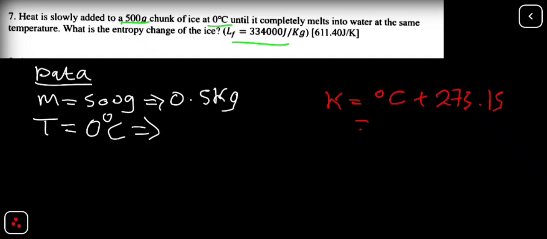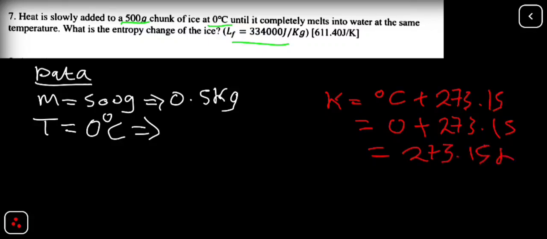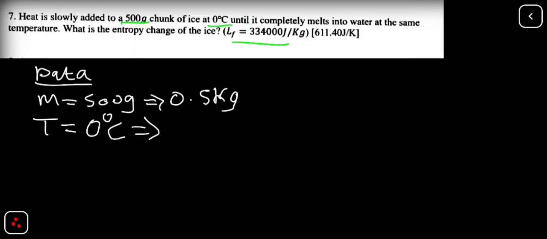Since the temperature is 0 degrees plus 273.15, you're going to get 273.15 Kelvin. So we have converted our temperature to Kelvin.